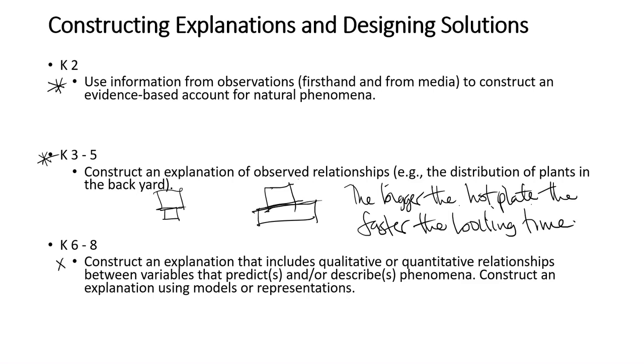When you go to K6 to 8, now you are looking at explanation that includes qualitative or quantitative relationship between variables. Right?